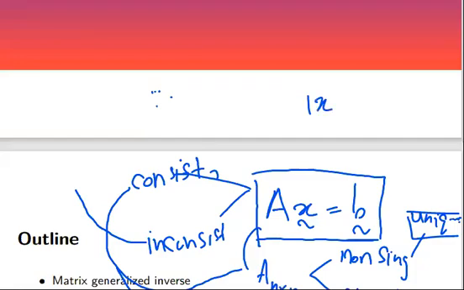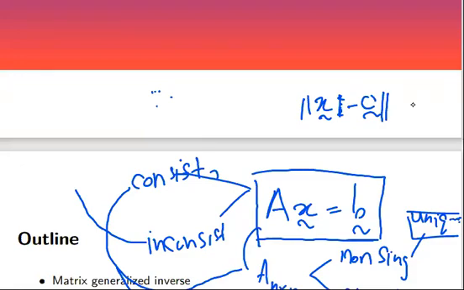This is one of the solutions. I want to find a solution which gives me the minimum magnitude, or distance between the solution and the origin.